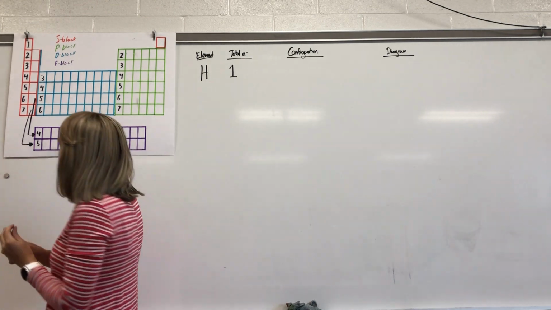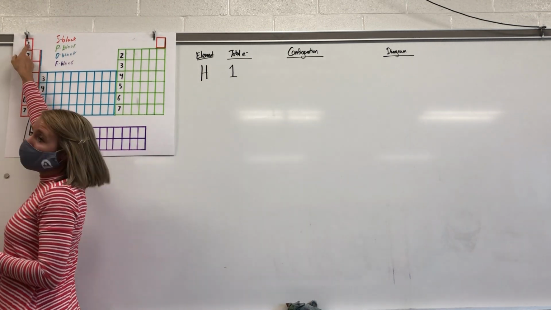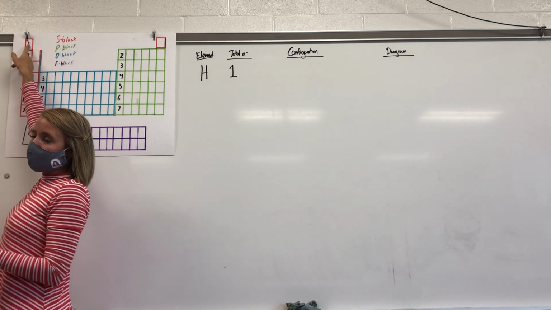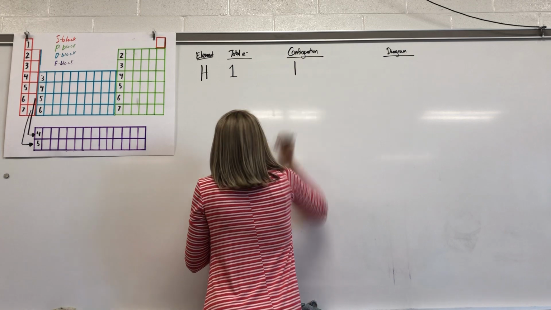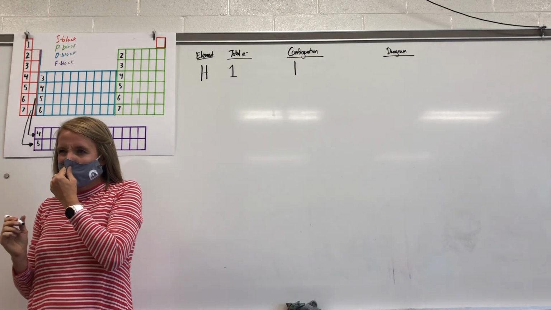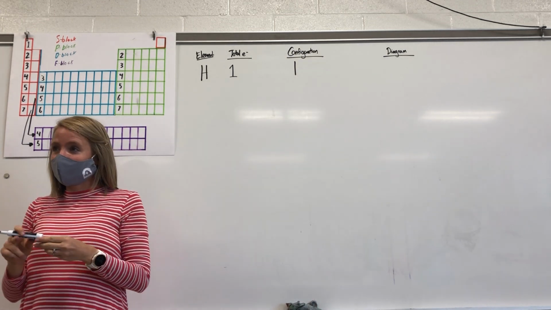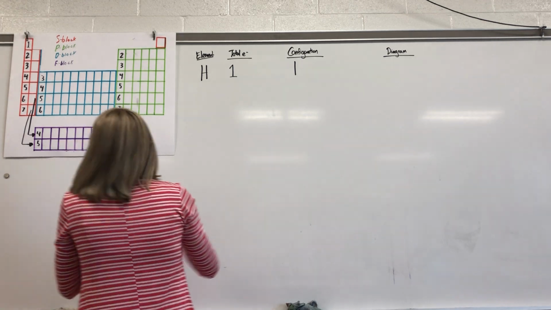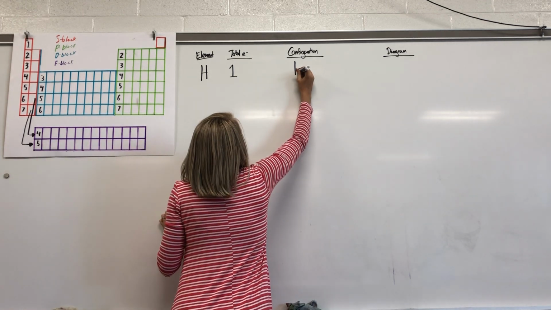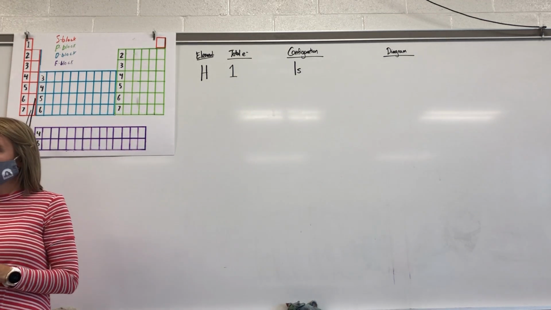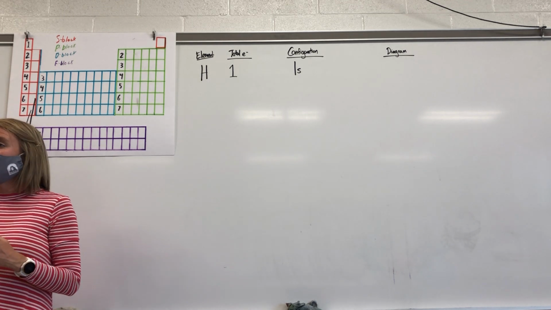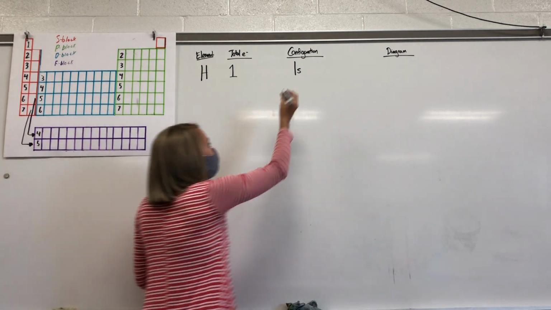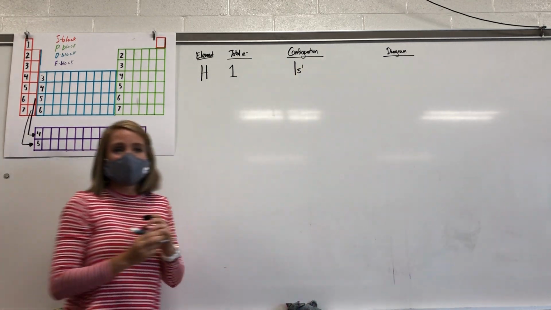Okay, well, if I go to my map, this little square right here is hydrogen. So the first thing I do is do the floor. So I'm on the first floor, so I write a 1. The next thing I designate is the room, which is an S.